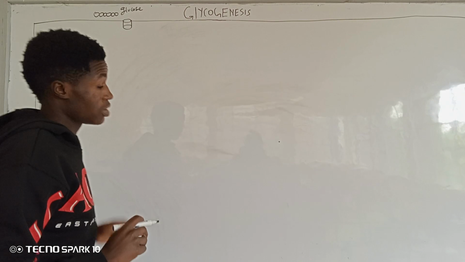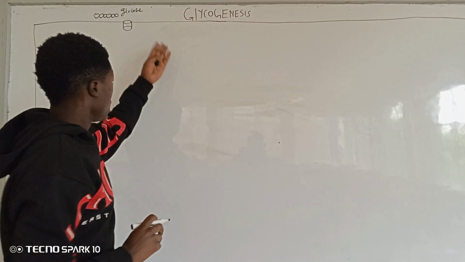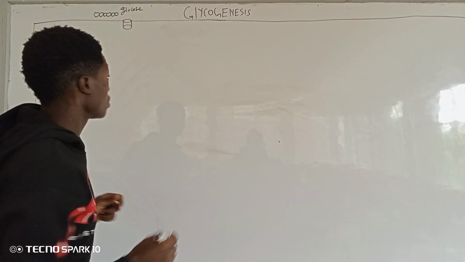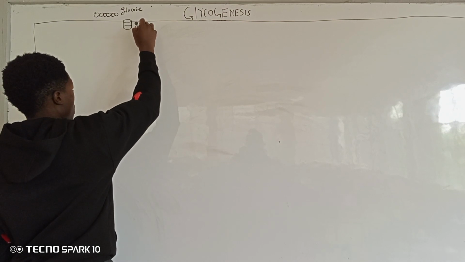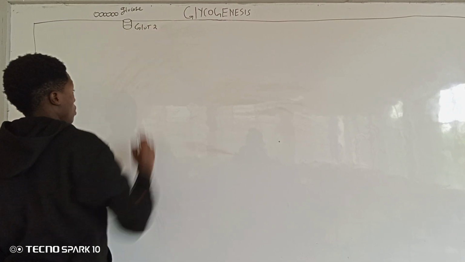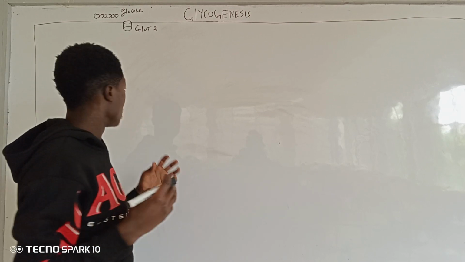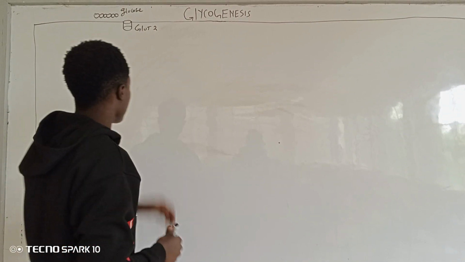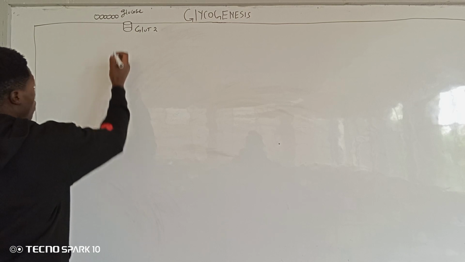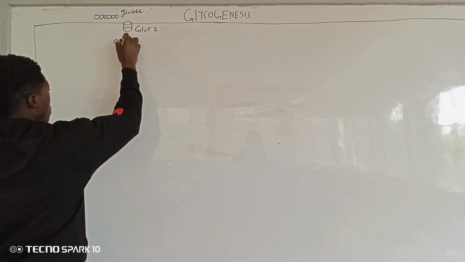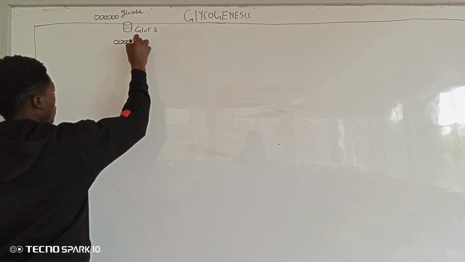The glucose molecule is going to get into the cell by receptors. In the case of the liver, we are going to have GLUT2 receptors. These receptors are going to allow the passage of glucose into the cell. So when glucose gets into the cell, we have our glucose molecule here: 1, 2, 3, 4, 5, 6.